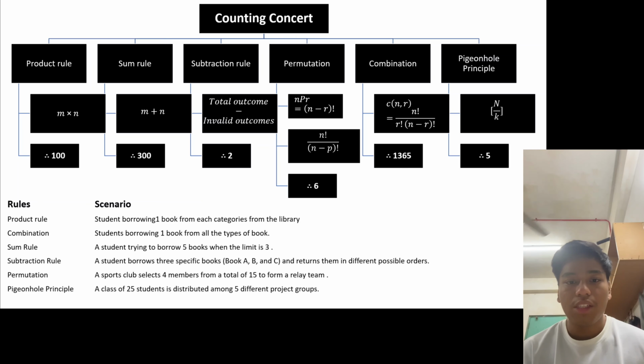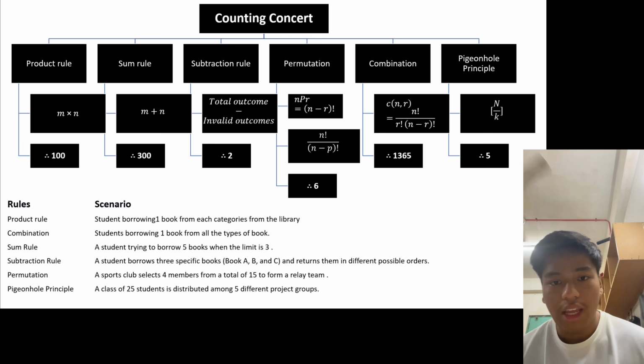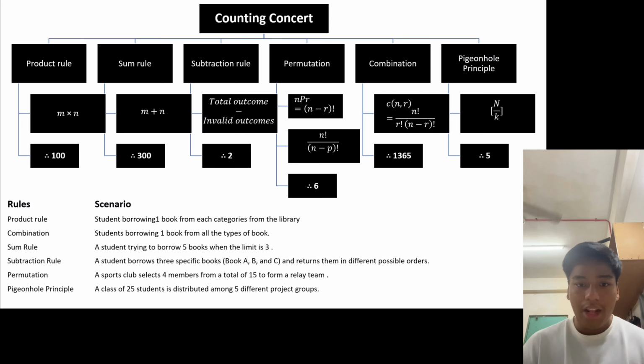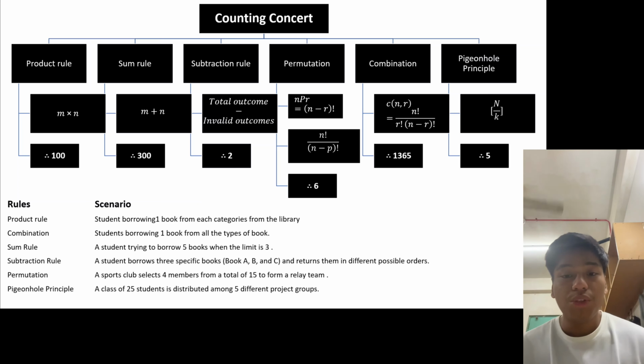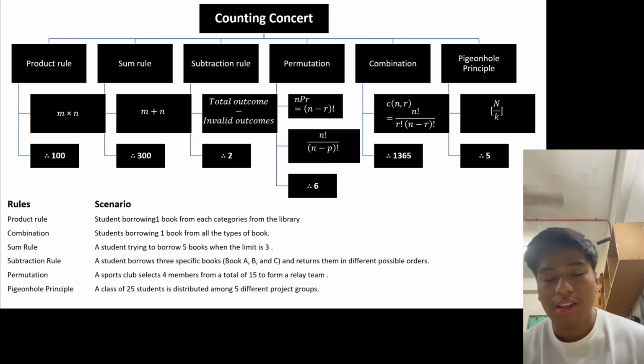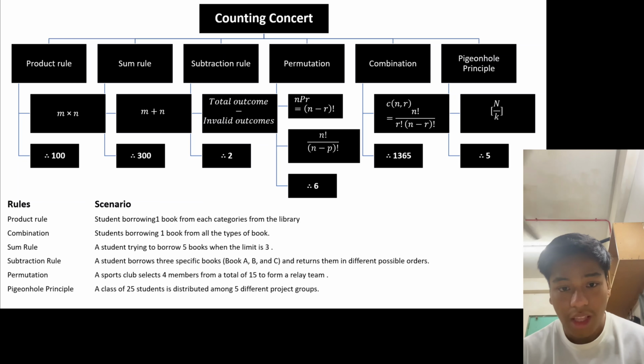In this question, the student is returning 3 different books and the order matters, so I use permutations. Here, n equals 3 because there are 3 books in total, and r equals 3 because all 3 books are being arranged. Using the permutation formula, I substitute the values and get P(3,3).